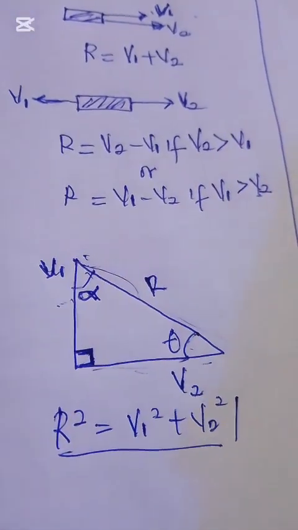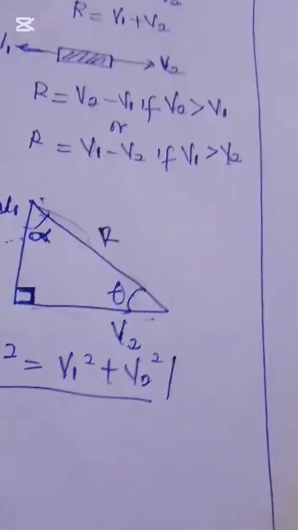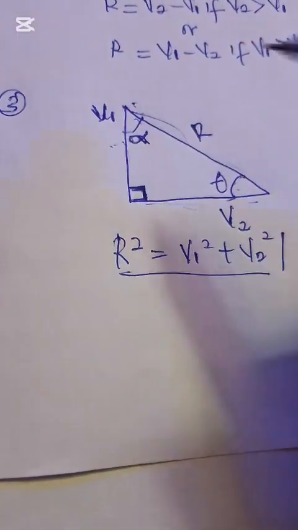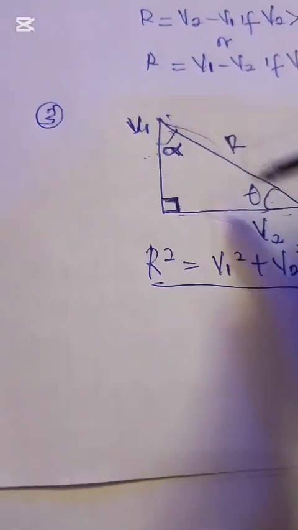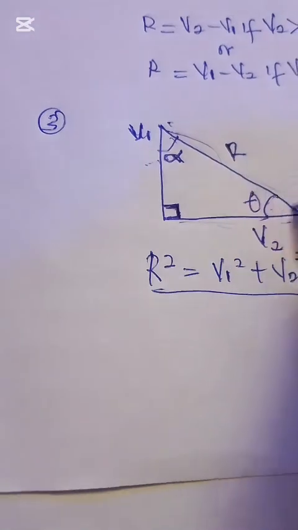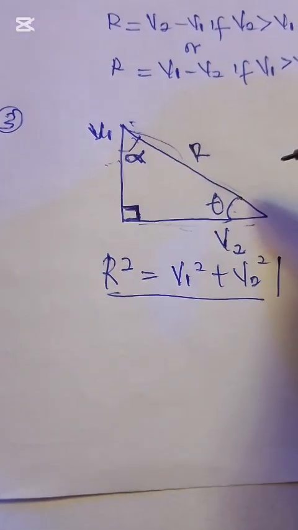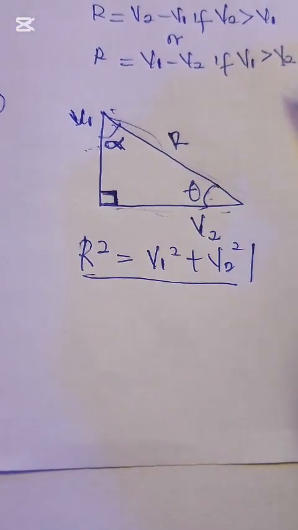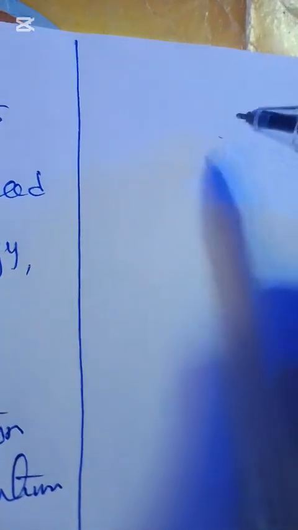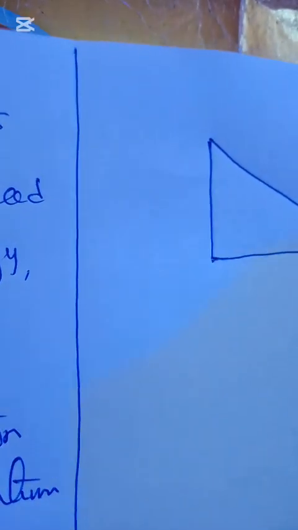But before that, there are a few other things you need to know. From the diagram above, the longest side of the triangle was my resultant, but it's not always the case. For instance, if you have a triangle, let's say you have this, this is still a right angle triangle.